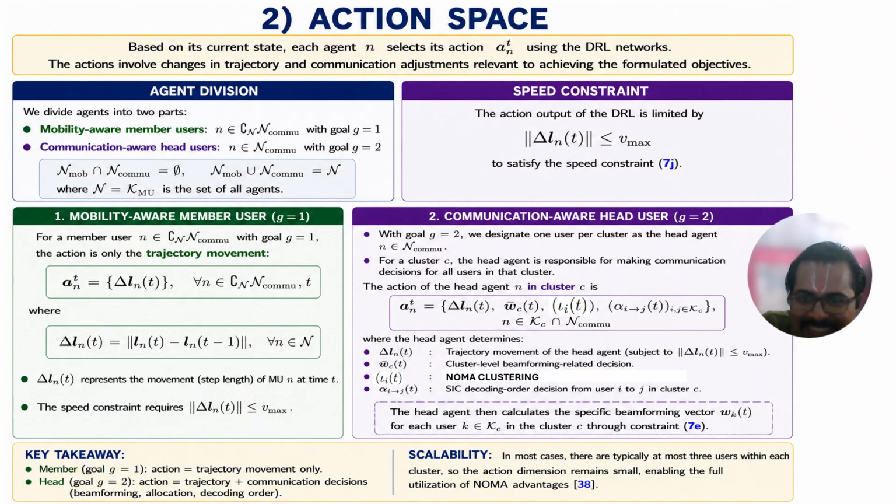Alpha i to j is the decoding order. Speed constraint. So you need to define what is a state, what is an action, what are your optimization objectives, what are your decision variables, and what are the constraints on these decision variables.